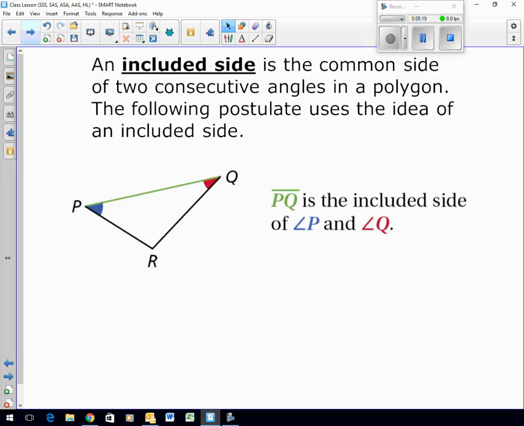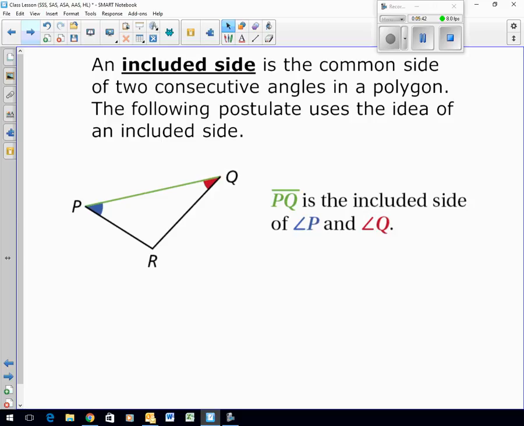Okay, included sides. Sometimes this is difficult for people to see. An included side is the common side of two consecutive angles in a polygon. For whatever reason, it's difficult to see this sometimes.